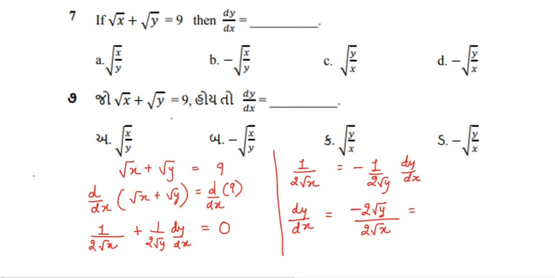I will cut this 2 from 2, and the answer of dy by dx will be negative of root y upon root x, or I can write minus root of y upon x. So the answer will be D, minus root of y upon x. Every time they will ask this type of question, and you have to put 0 here and differentiate this one.